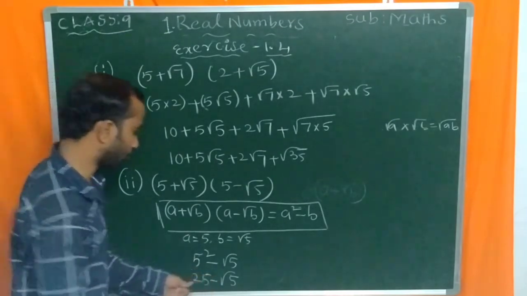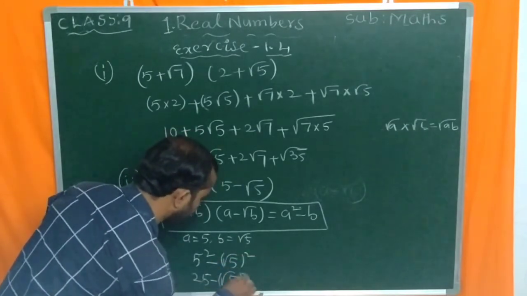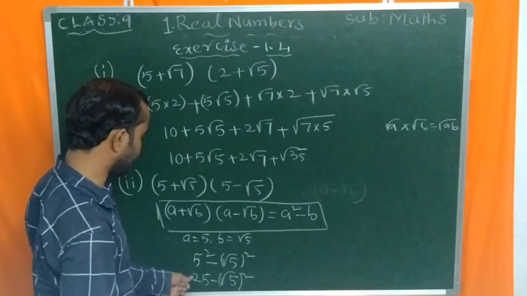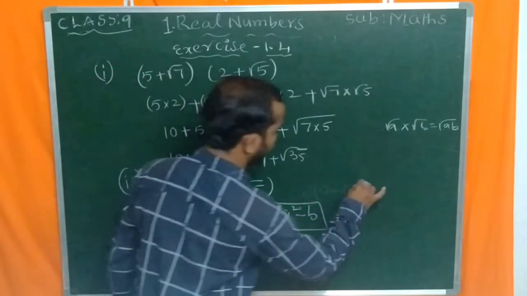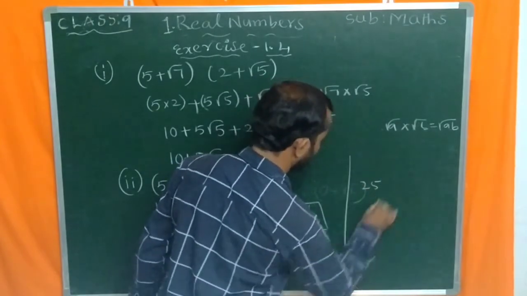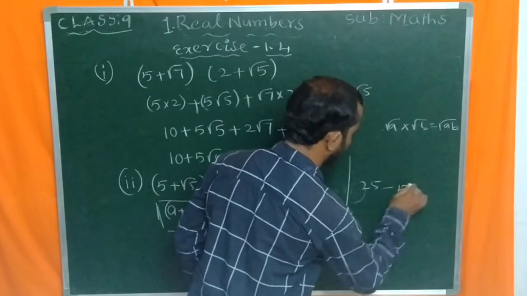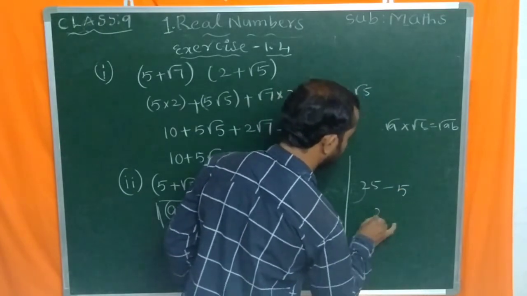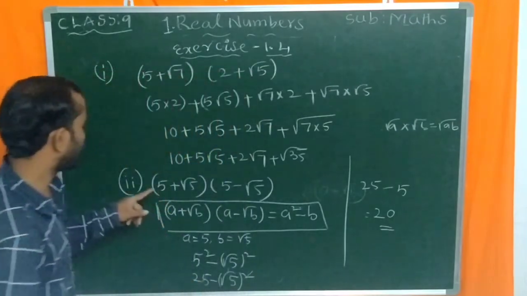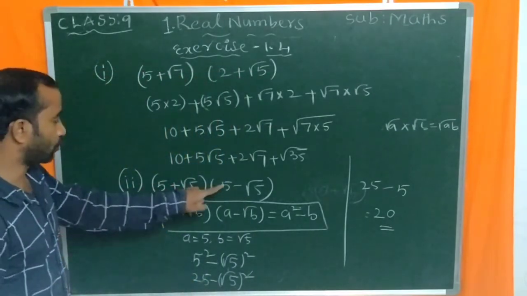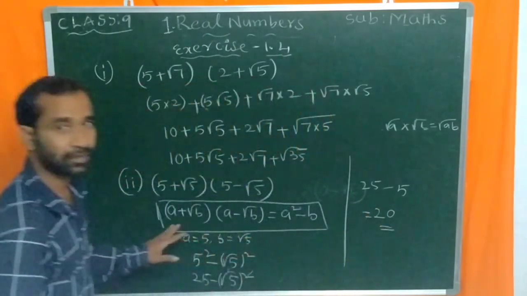Here also whole square, so this is written as 25 minus root 5 whole square. The square and root get cancelled, so 25 minus 5, that equals 20. So 5 plus root 5 into 5 minus root 5 equals 20.